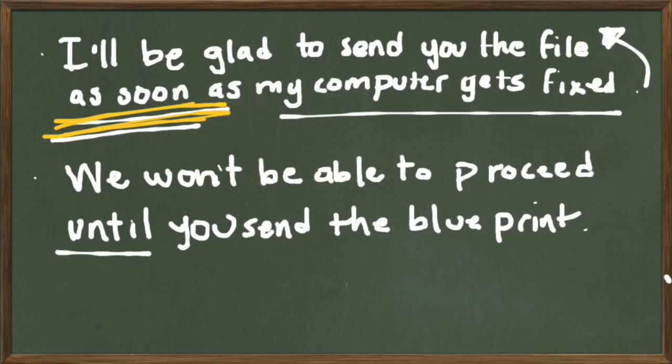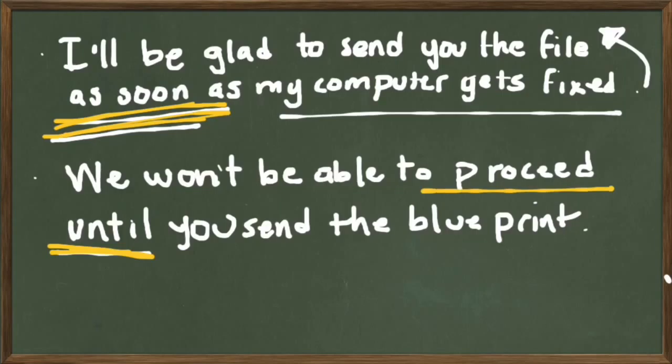So until is actually a negative situation, or a situation that will prolong or last until, in this case, something changes. So, what is the situation? We cannot proceed, we cannot continue.